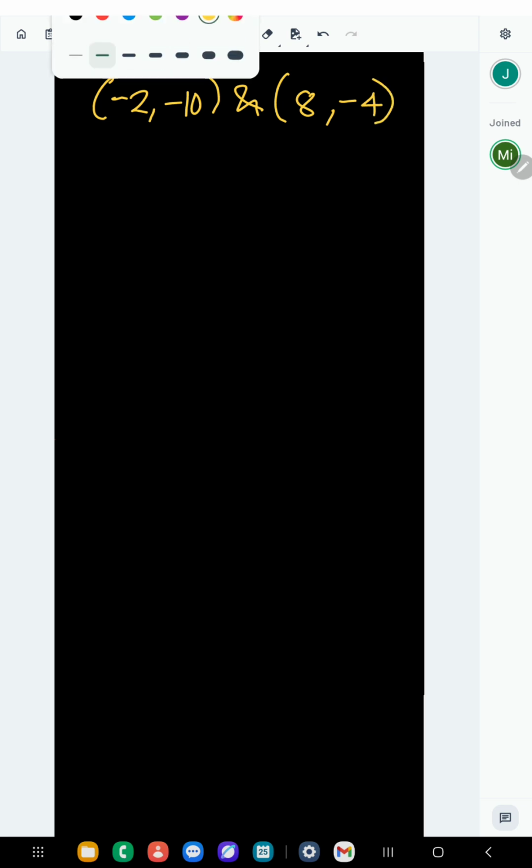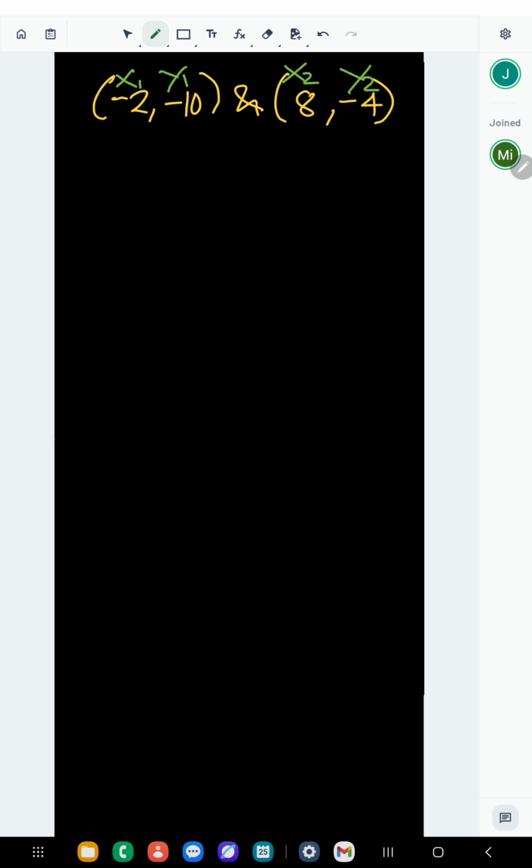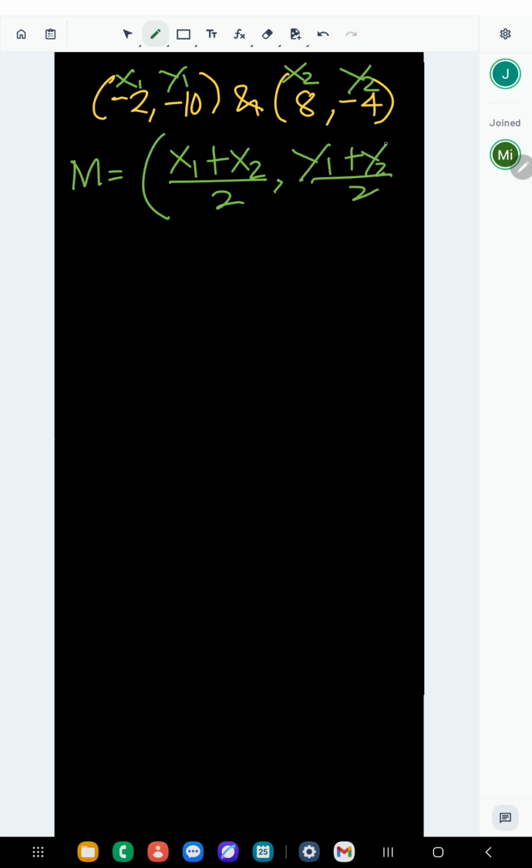Okay. And we go to number 12, the same. Number 12, find the midpoint of -2, -10, and 8, -4. So let's say this is x sub 1, y sub 1, x sub 2, y sub 2. Midpoint is just the average of the x coordinates and the average of the y coordinates.